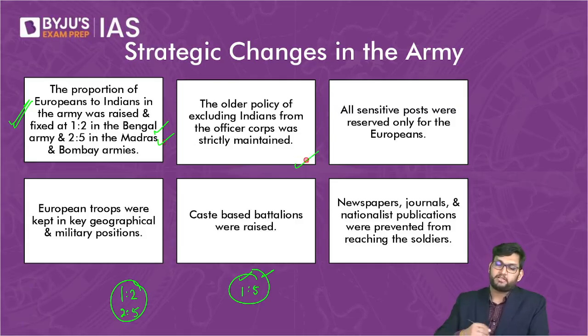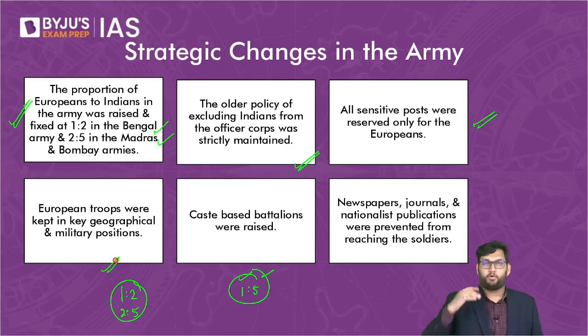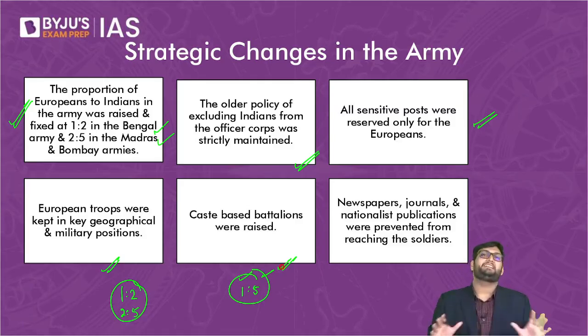The older policy of having no Indian in the officer ranks was followed. All sensitive positions were given to Europeans. European troops were again put into all geographical locations which were important. Caste-based battalions came through, wherein again they tried to make it homogeneous, and no newspaper, journal, or nationalistic publication was allowed within the soldiers' barracks.